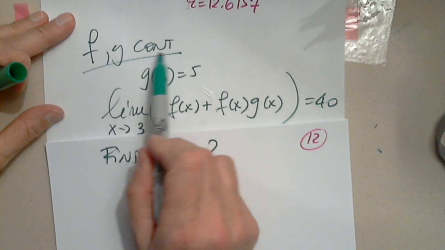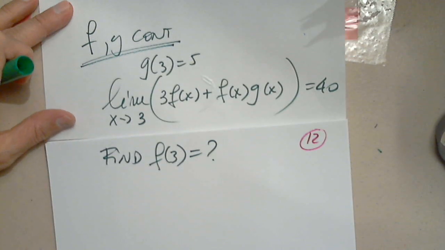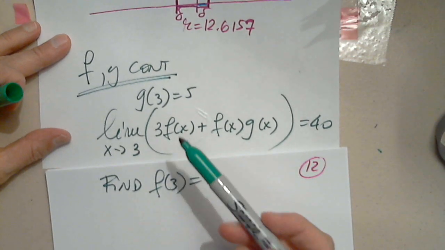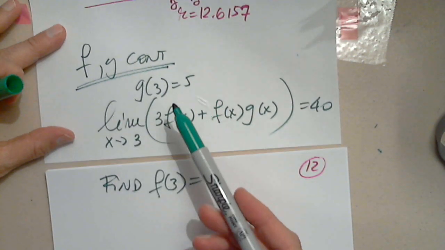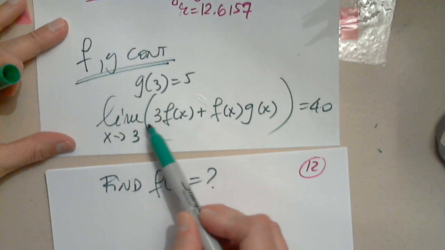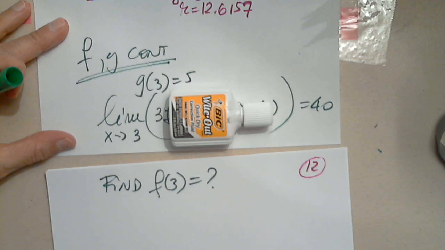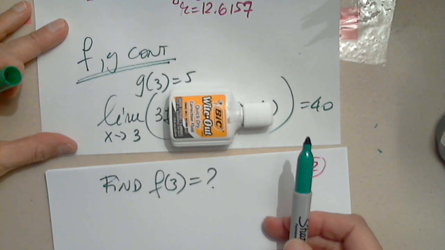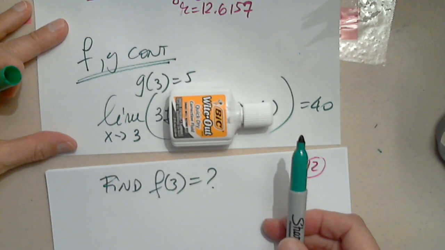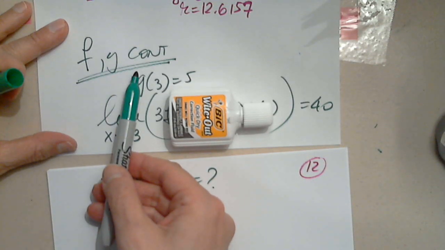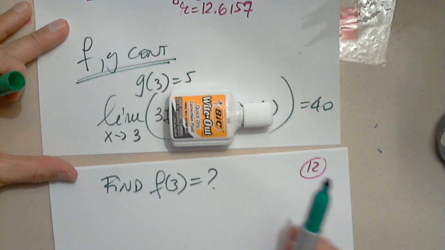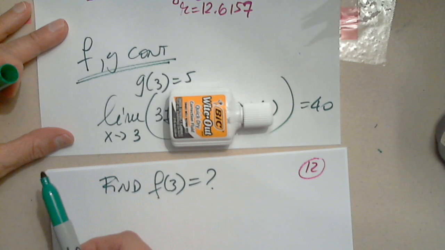So we're told that they are continuous functions, which means they don't have gaps, they're not undefined anywhere. So I'm allowed to use limit laws. Once I'm told that, there's no infinity, no gaps, no holes in the graph.